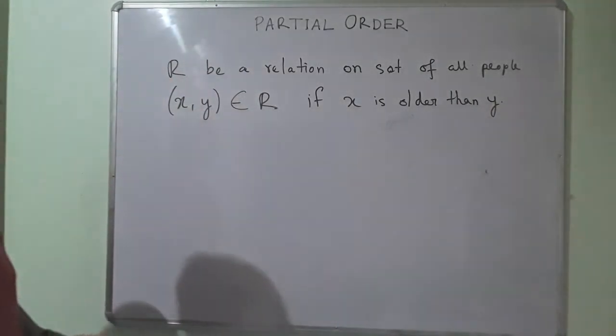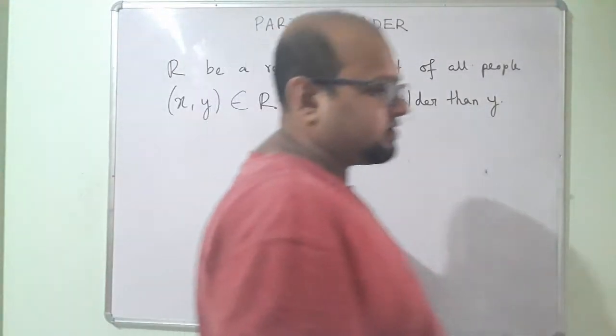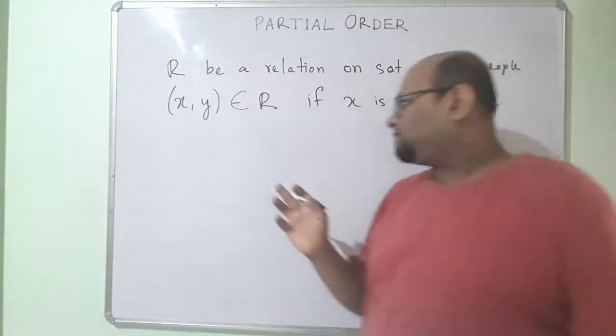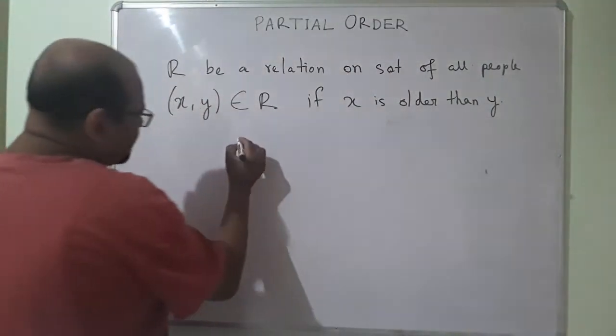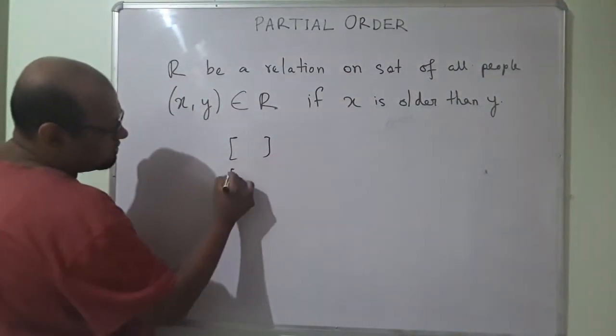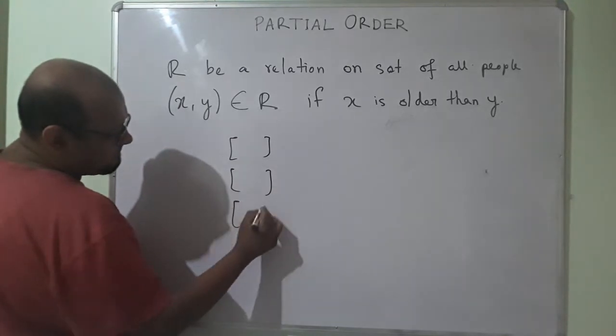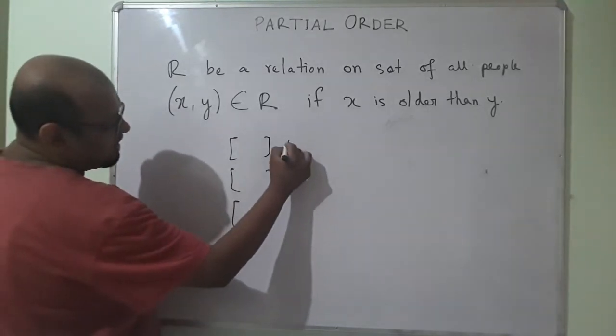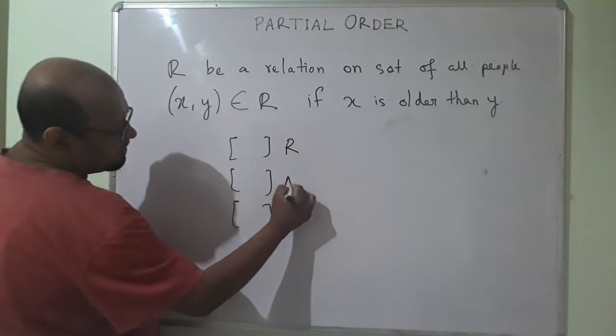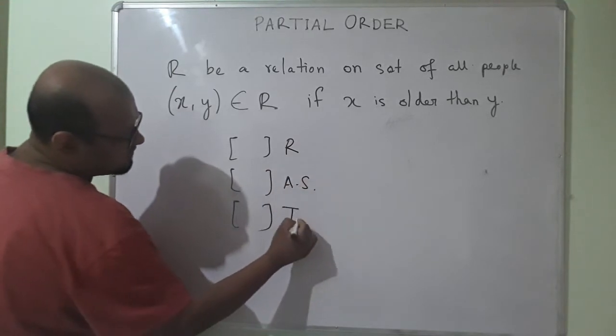My question is, is this a partial order relation? Think about it. I have to find three things. I have to find if it is reflexive, if it is antisymmetric, and if it is transitive.